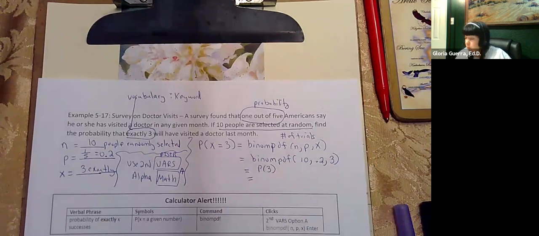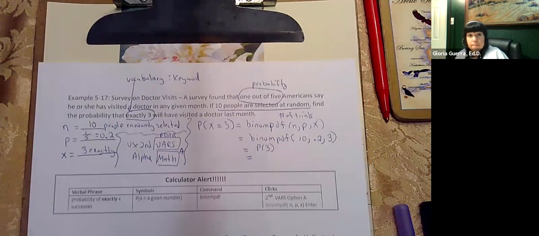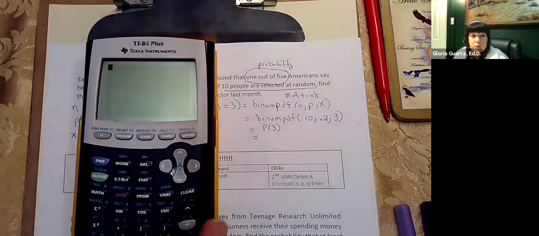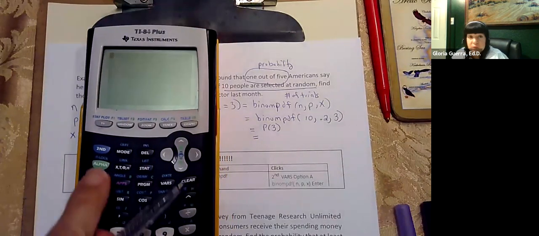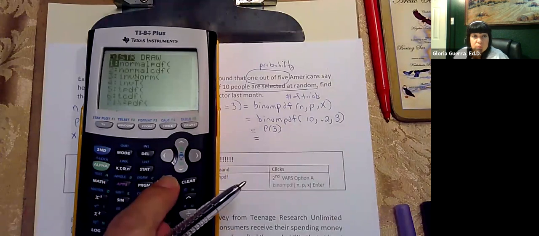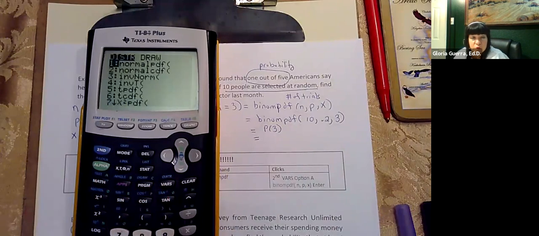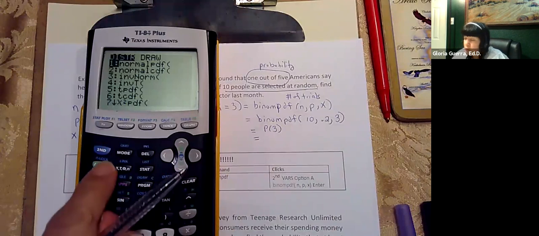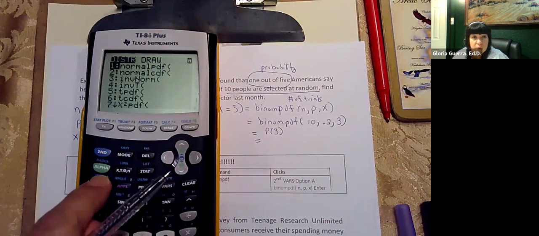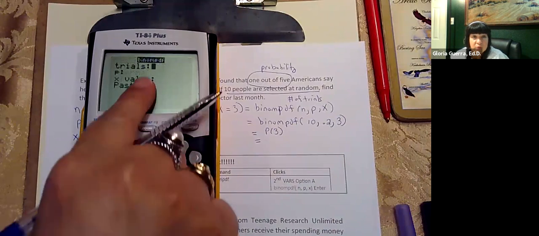So you get your calculator out. Okay, so you hit second, which is here, vars, which is here. Okay, and then we're gonna use a shortcut. So the shortcut is always alpha and then math option A. And you see it takes you to this.